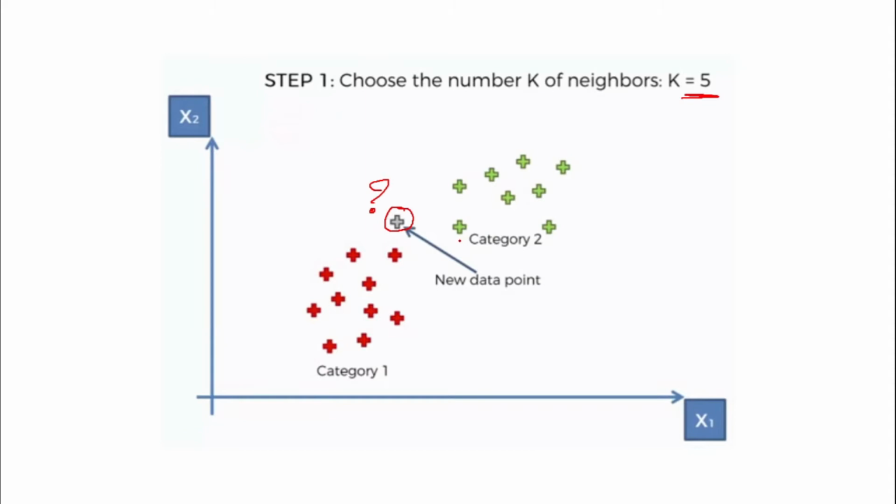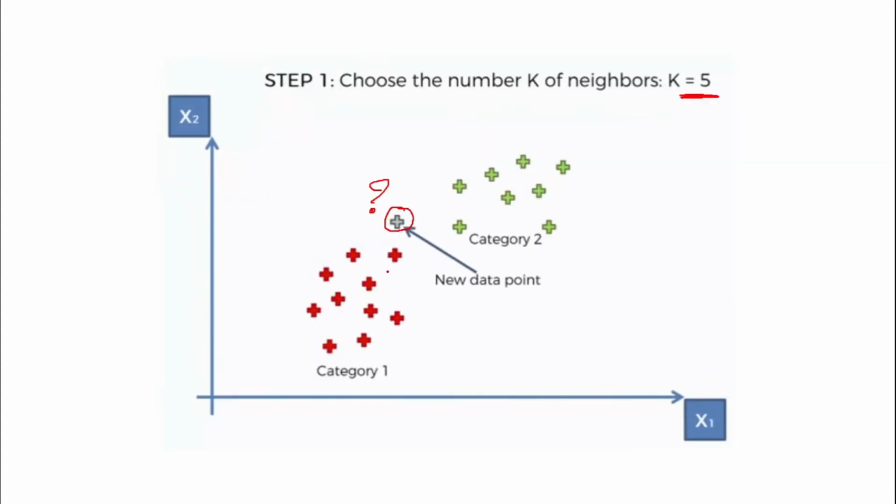Once I compute the distance from all the available data points, I need to take the 5 nearest data points. Whatever the first 5 nearest data points are, I need to consider those.